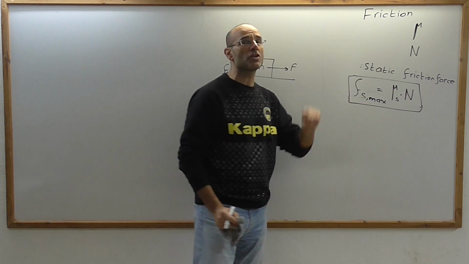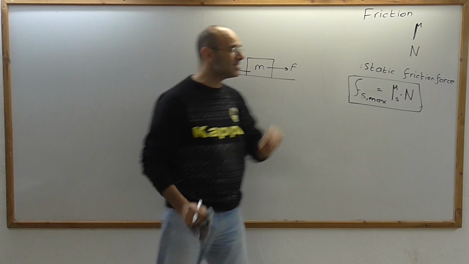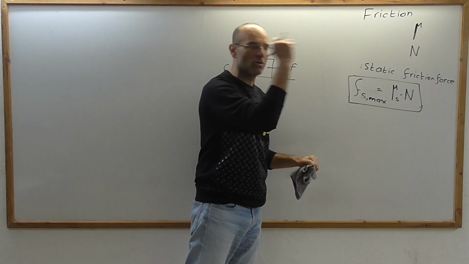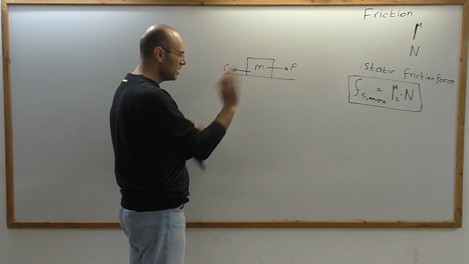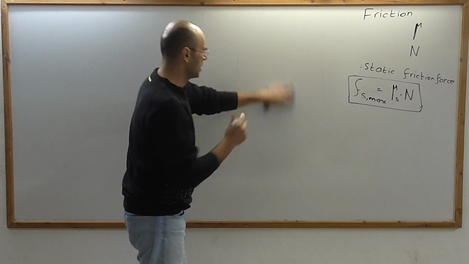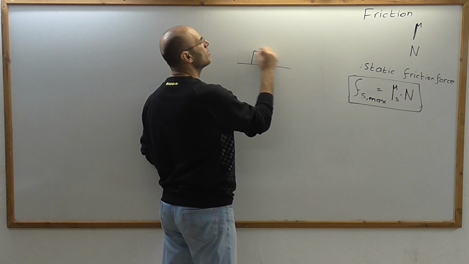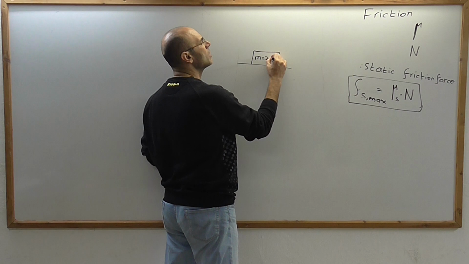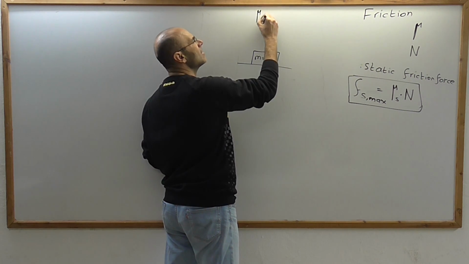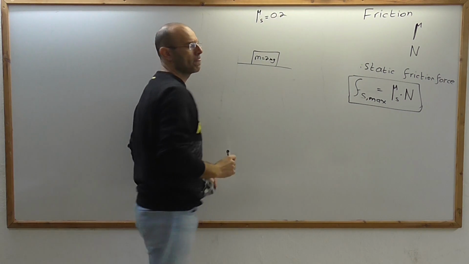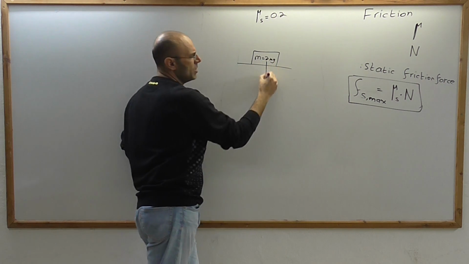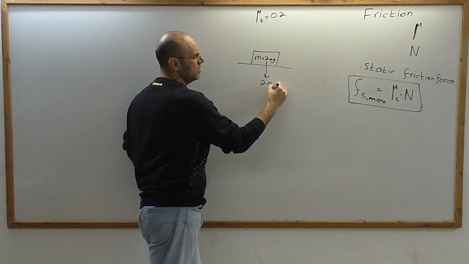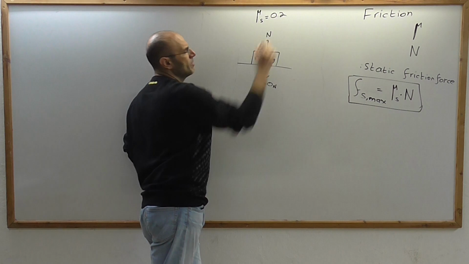It doesn't mean that the friction is always like that. It means that it can be maximum like that. For example, let's do a very small example with numbers. Let's say my mass is 2 kilograms and the mu static is 0.2. We know the force down here is 20 newtons and this is the normal.